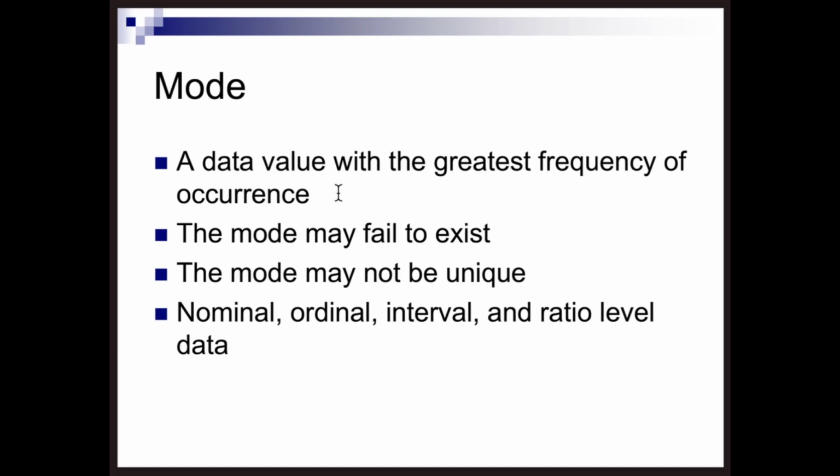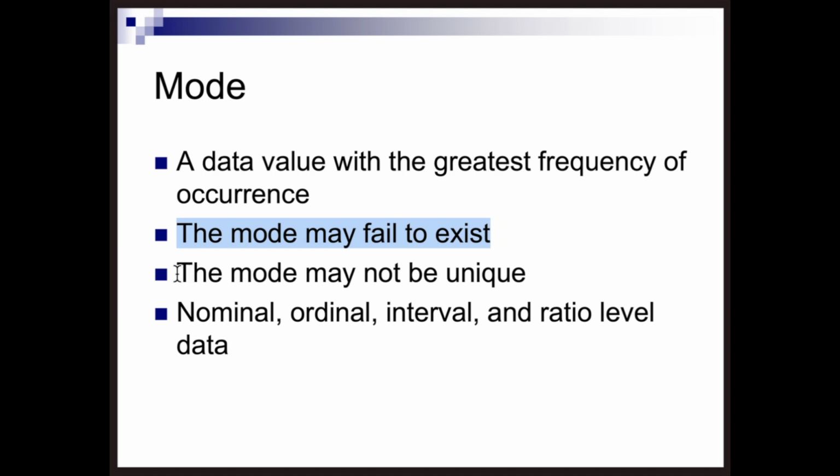For example, if you don't have any repeated values, if the values in your data set are all unique, then there's no value that occurs more than once, so there's no data value with the greatest frequency of occurrence. I guess you could say that every observation has the same frequency of occurrence, and in that case we would typically describe that by saying that the mode does not exist.